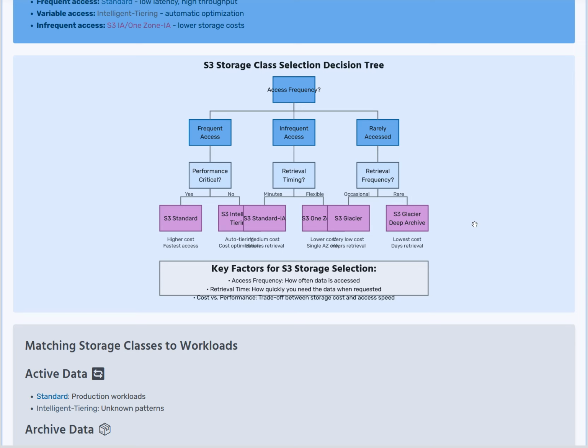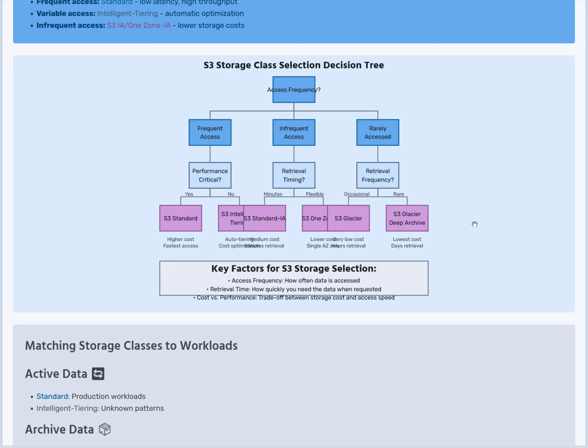So how are we going to use the decision tree? In the question, you need to find out what the access frequency is. Is frequent access needed, infrequent access, or rarely accessed? If it's frequent access, we look at whether performance is critical.